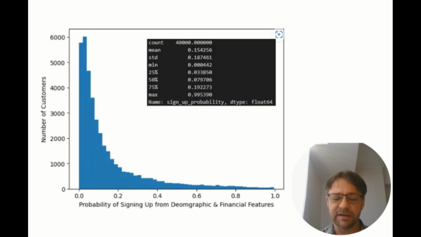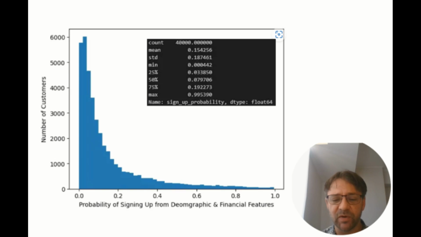The 25% quartile is 0.03, so 25% of the people scored 0.03 or less. 50% of the people scored 0.079 or less, and 75% of the people scored 0.19 or less on this sign up probability.